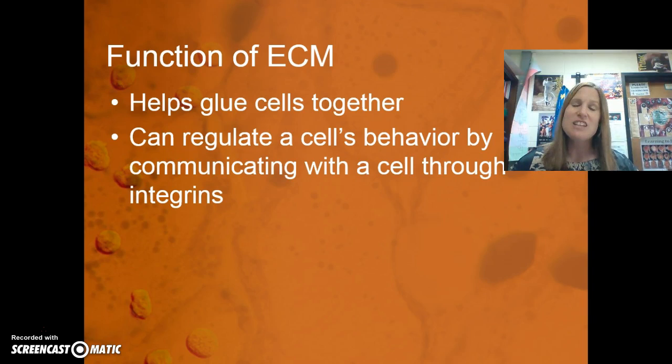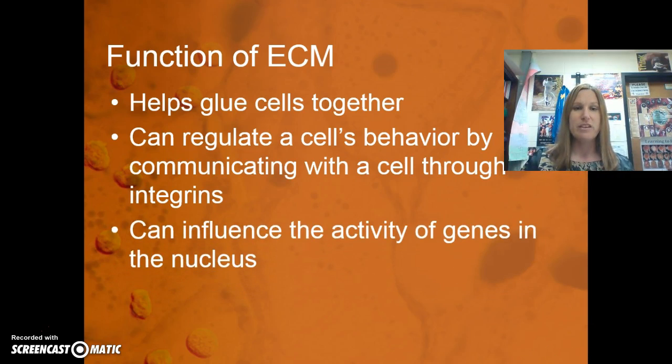So the extracellular matrix, what is outside of the cell, can communicate through this system of the collagen being connected to the fibronectin, which is connected to the integrin, which then sends that signal down to the microfilaments. So this communication can help regulate that cell's behavior.